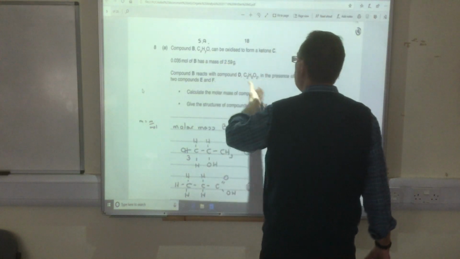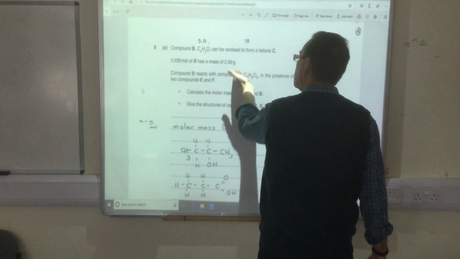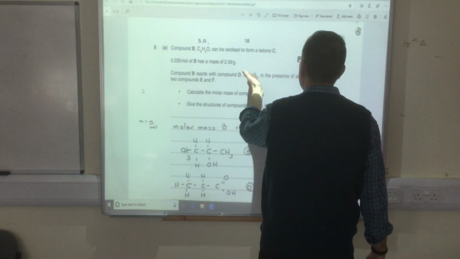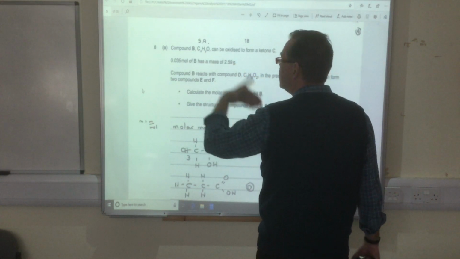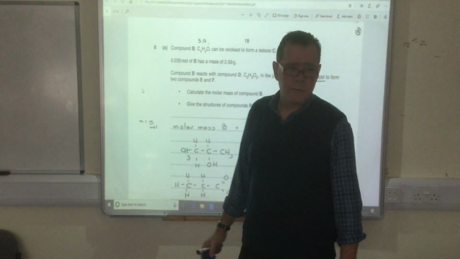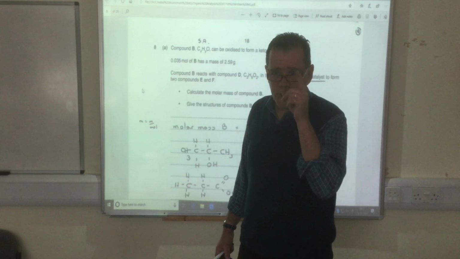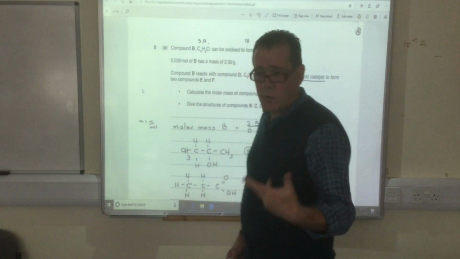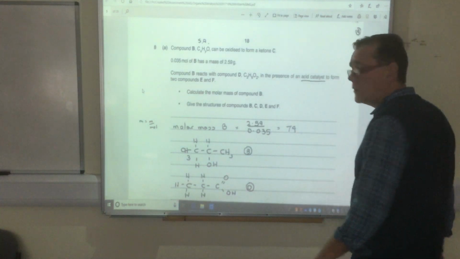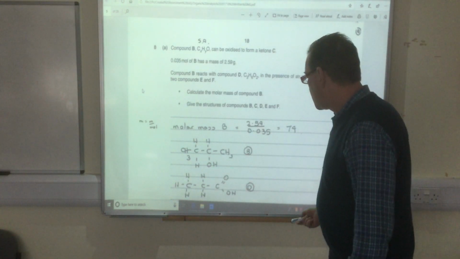And as soon as you see this, B being an alcohol reacting with what looks like a carboxylic acid, because it's got 2 oxygens there, acid catalyst giveaway, one word. What is that word? Esterification. Because you're reacting alcohol with a carboxylic acid, right, there it is. So that's my structure.